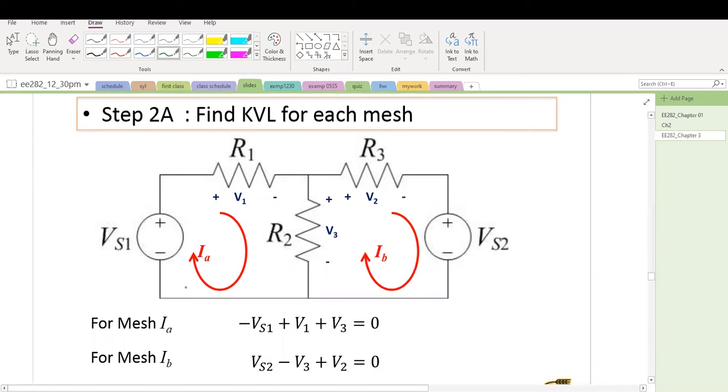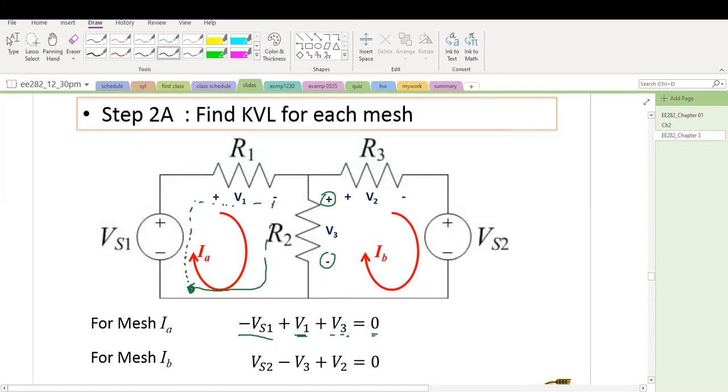To apply KVL, you just walk through this mesh in this direction. The first element will be minus VS1, and then V1, the voltage on R1, and then R2, the voltage on R2, that's V3, with the positive sign here and the negative sign here, so that will be plus V3. After that, it comes back to the same point, and that equals 0.